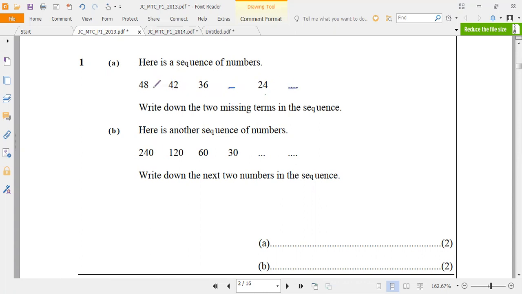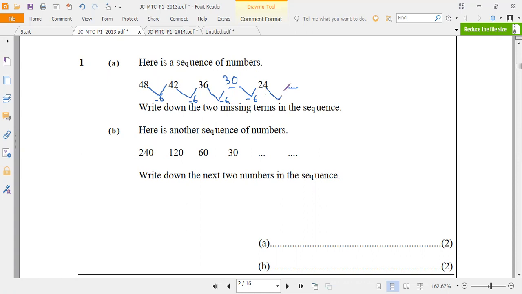If we notice what is happening in this sequence, 48 minus 42, the difference is 6. 42 minus 36, the difference is also 6. So that means we have to subtract 6 from 36 to get the next number. 36 minus 6 gives us 30. Then if you get 30 and subtract 6, you get 24.